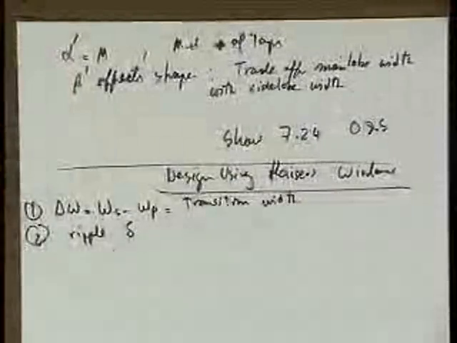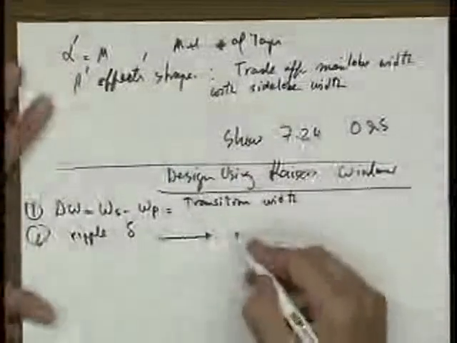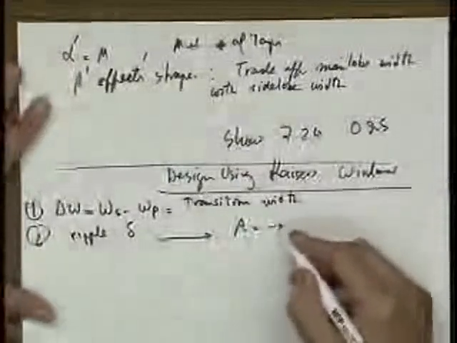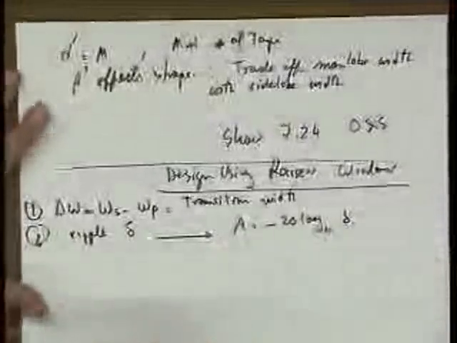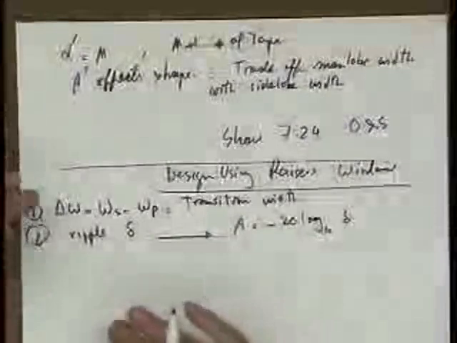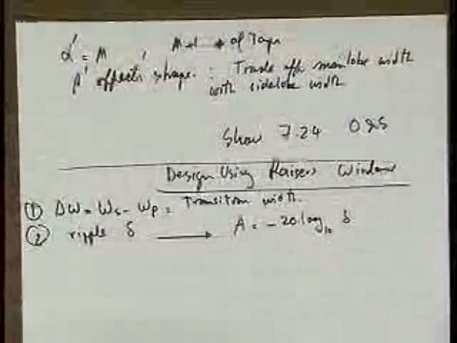There are some applications where you can afford to have higher ripple in one than the other, but Kaiser just doesn't take that into account. It's a simplified method. And call A, this quantity A, to be minus 20 log 10 of delta. Then these are the parameters that you should choose for M and for beta for the Kaiser window.